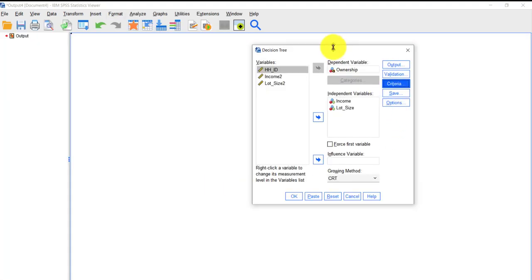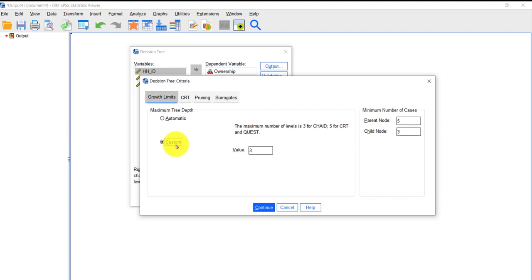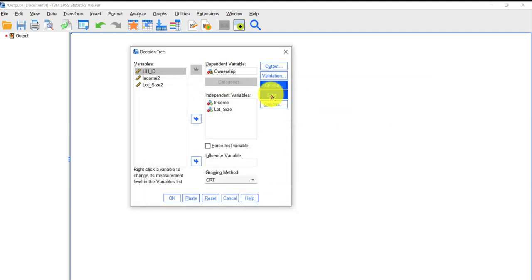We are going to keep the current setting, that means CRT and importance to model and criteria one more time. Custom value 3, parent node, the minimum number of cases is 5, child node, the minimum number is 3, etc. Then let's click on save.